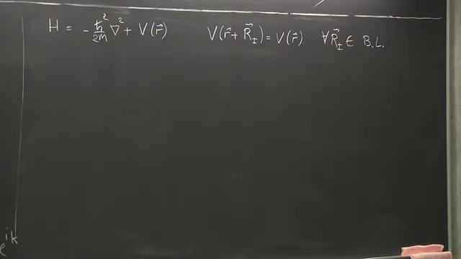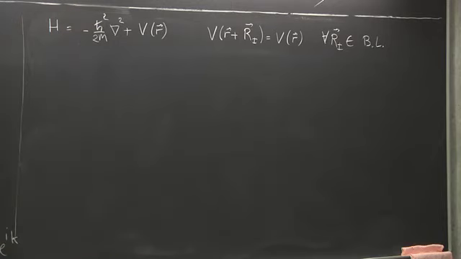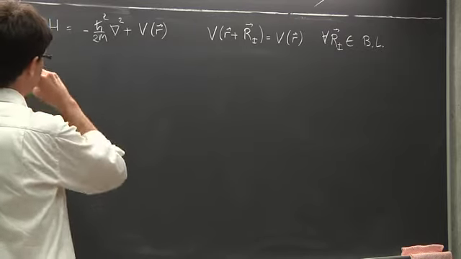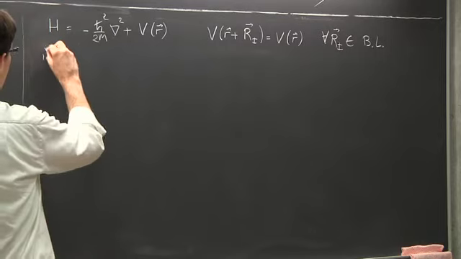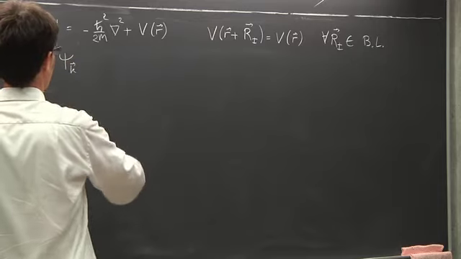What are the properties that the eigenfunctions of this Hamiltonian have? There are 2 important properties.